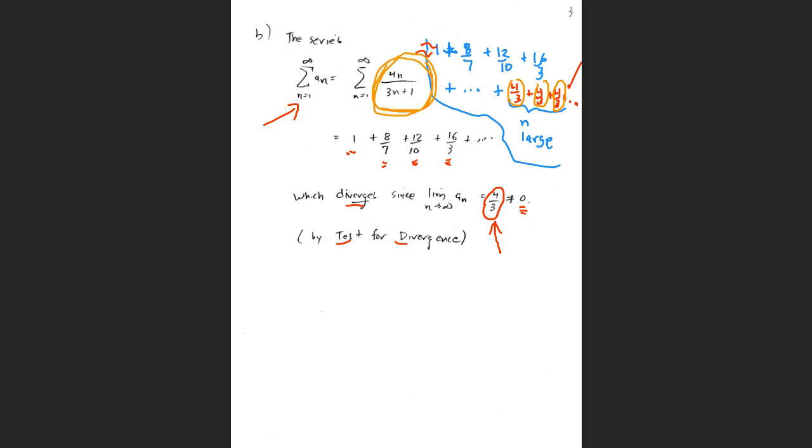So the terms approach 4/3, and if you add up 4/3 and 4/3 and 4/3 forever, you're going to get infinity. You're not going to get a convergent series.